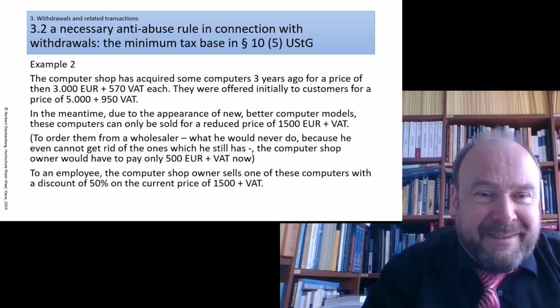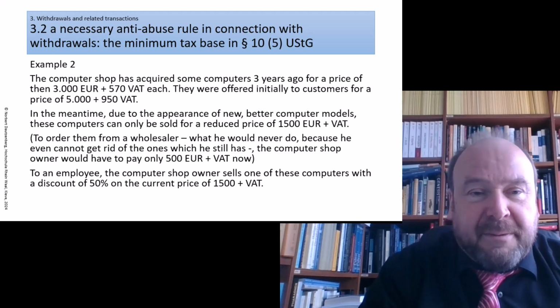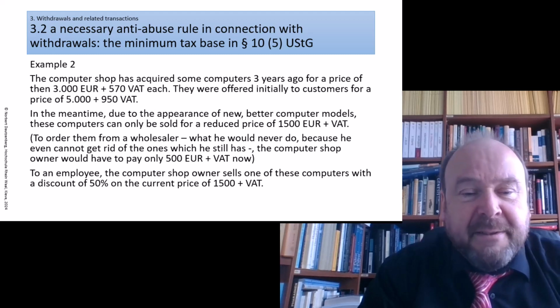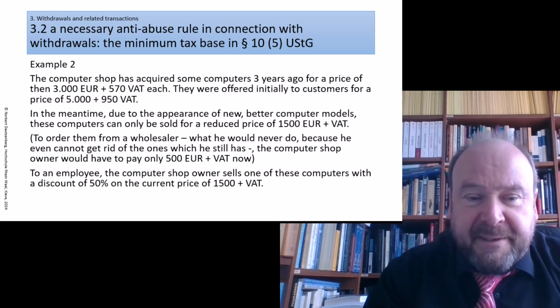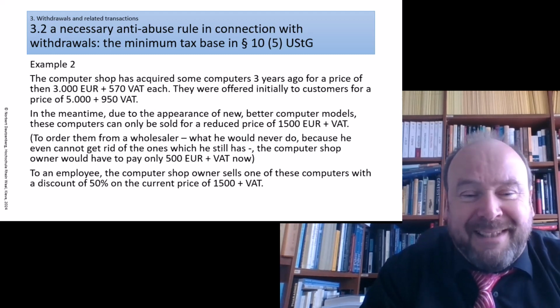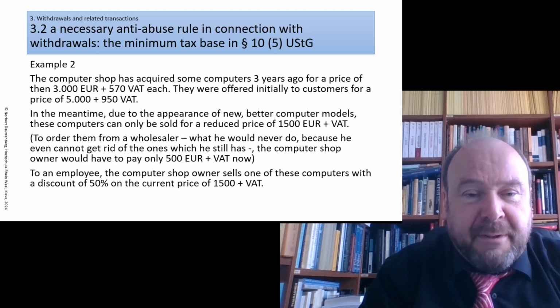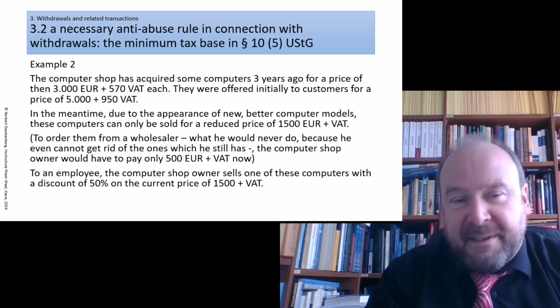However, as an employee is deemed to be one of the closely related persons, we check additionally the minimum tax base. Here, our case description says at the moment the repurchase price would be 500 net. That's lower than the net price agreed upon, so the 750 would still qualify as the tax base.